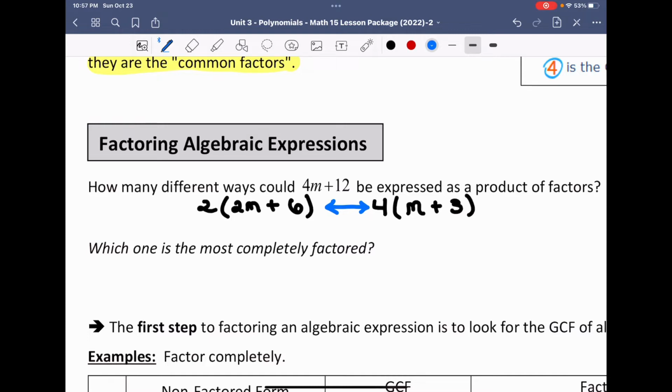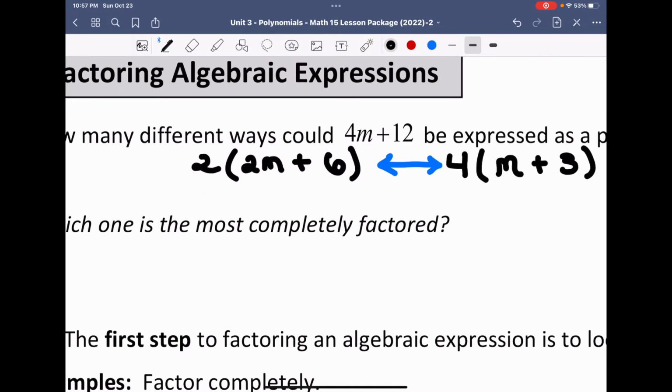Now, which one is the most completely factored? The most completely factored one is the one that leaves only prime numbers, or the one that takes out what we used to call in the number sense unit the greatest common factor.